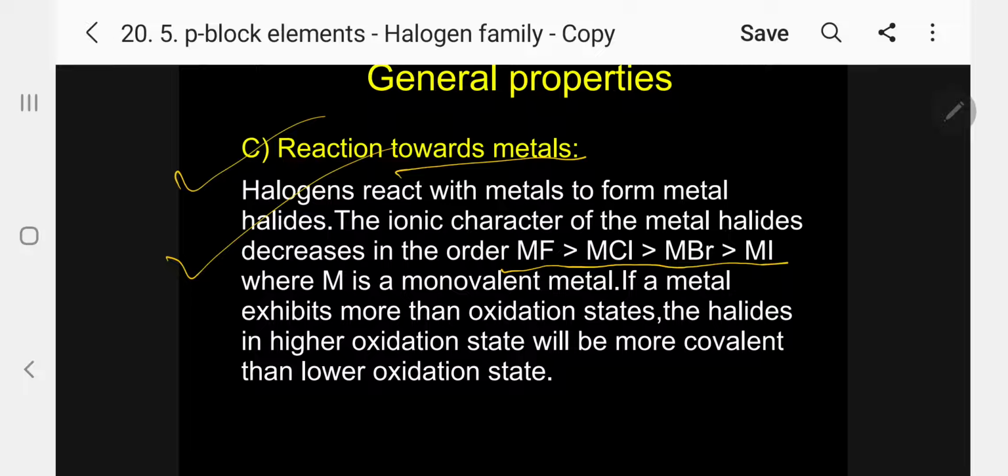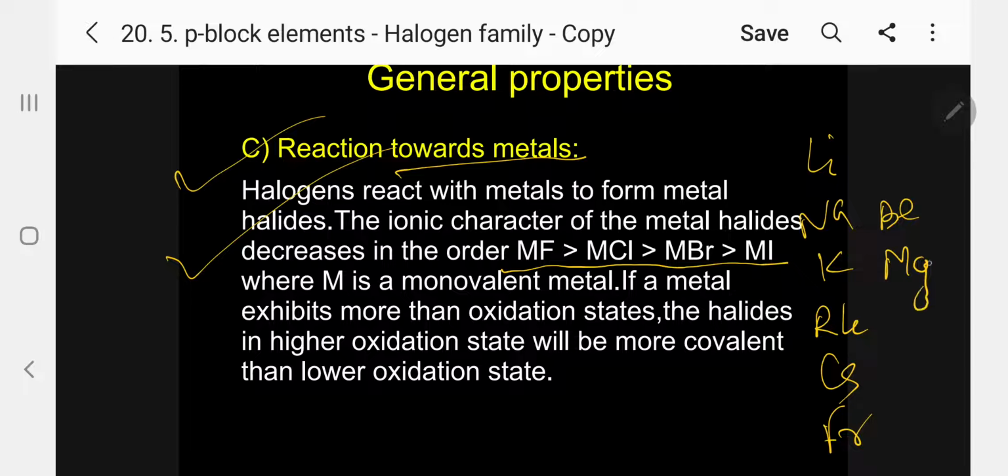Say for example, take the alkali metals: lithium, sodium, potassium, rubidium, cesium, francium, and the alkaline earth metals: beryllium, magnesium, calcium, strontium, barium, and radium. So this is alkali metal, this is alkaline earth metal.